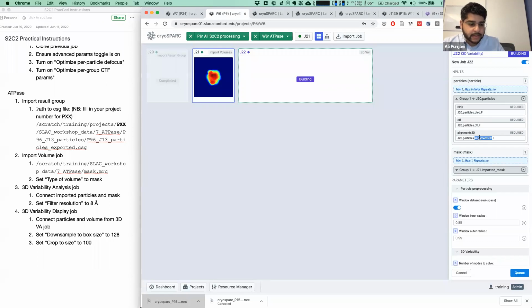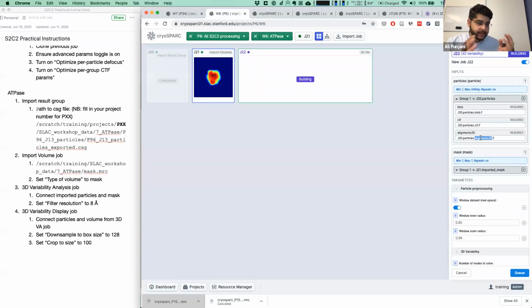This is something I'll come back to, but in 3D variability analysis, we assume that we already have the particles aligned to a consensus refinement, meaning that in order to use 3D variability analysis, what you should always do is take all of your particles, whatever conformation or class they're in, put them all together and do one reconstruction using a refinement job like homogeneous refinement that gives us a consensus structure.